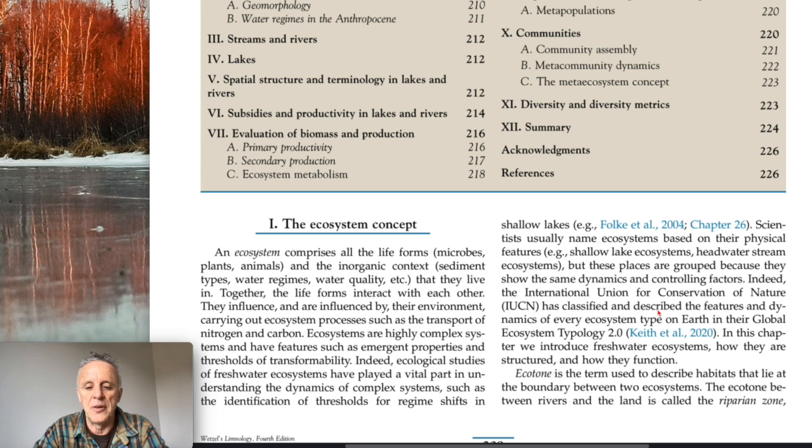Scientists usually name ecosystems based on their physical features, but these places are grouped because they show the same dynamics and controlling factors. Indeed, the International Union for Conservation of Nature, IUCN, has classified and described the features and dynamics of every ecosystem type on Earth in their Global Ecosystem Typology. In this chapter, we introduce freshwater ecosystems, how they are structured, and how they function.